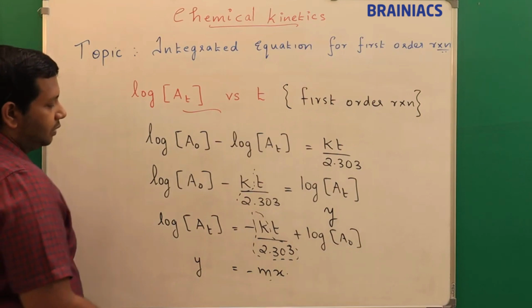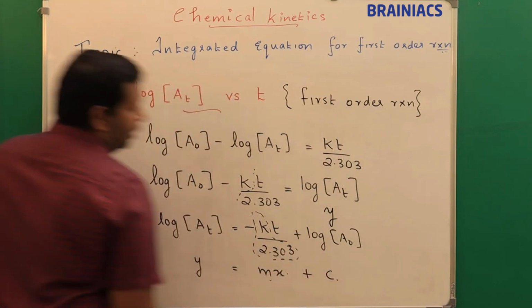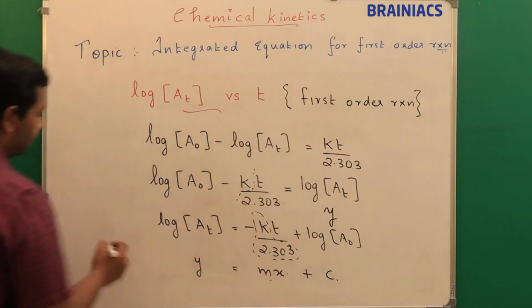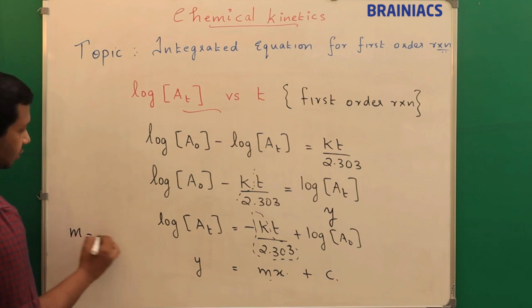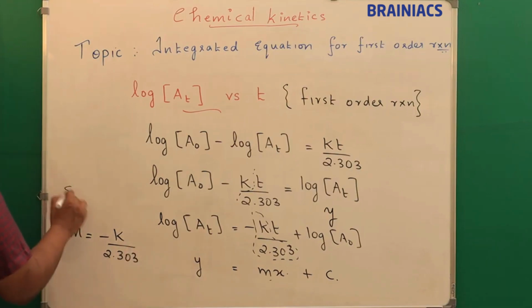Correct? So I can say y is equal to mx plus c. Now tell me, on comparing this equation, m is equal to minus k divided by 2.303. So this is the slope.